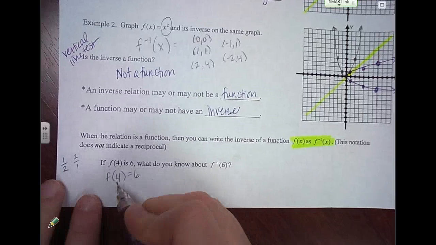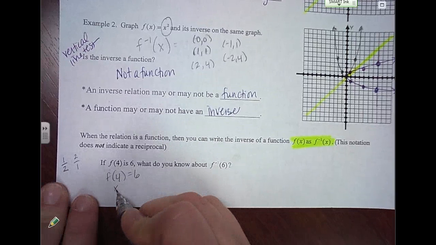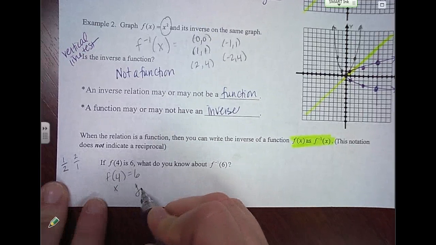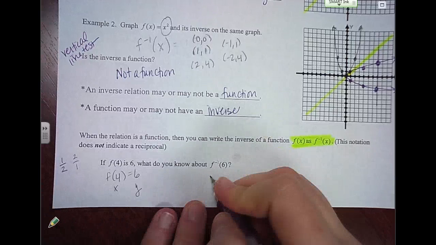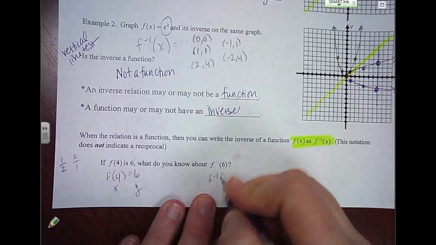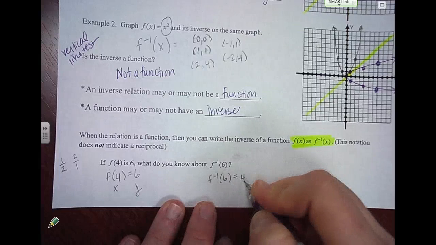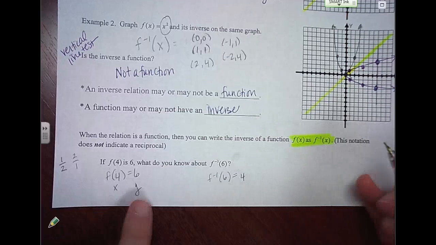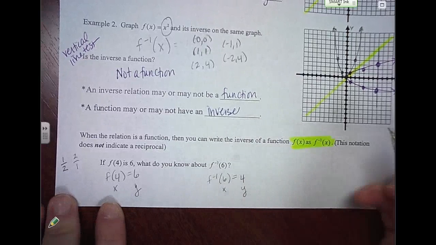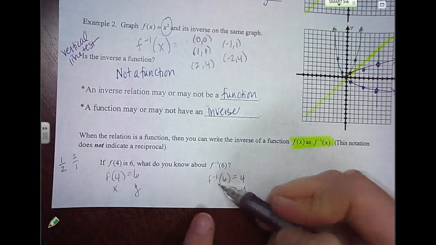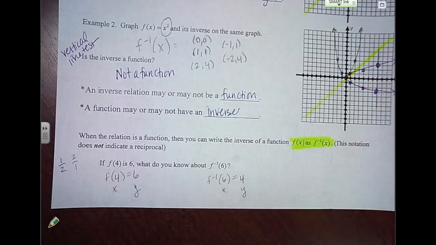Now remember, the 4 is an x value, and what we get is a y value. So what do you know about f inverse of 6? Well, that means that f inverse of 6 is just going to equal 4, because remember, we're just switching x and y here. So now this is our new x and this is our new y. These two just switch, and this is our notation that we use.